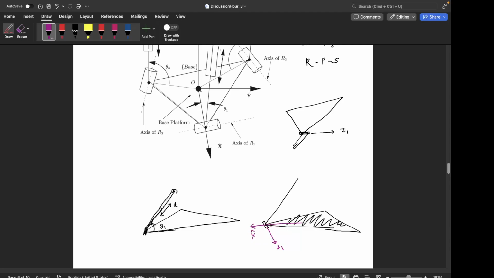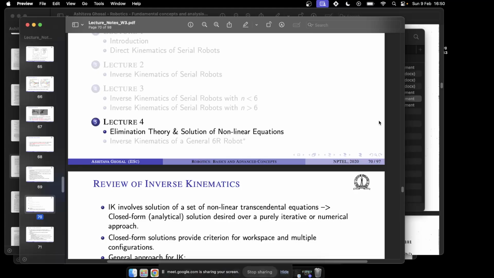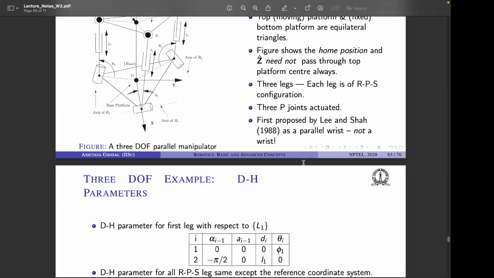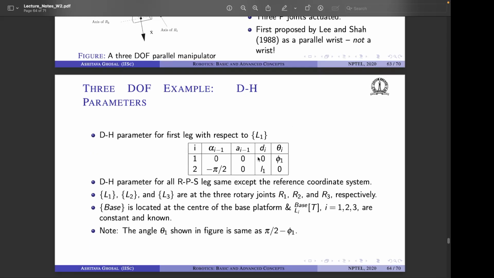And the angle that the lecture slides have is basically for the RPS. So let's try to reverse engineer from here. It's taking alpha, a, and d all as zeros.